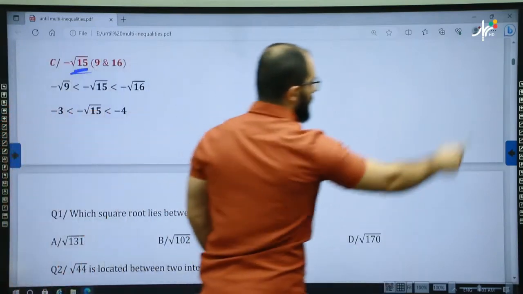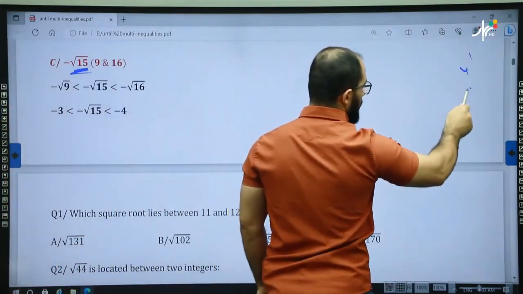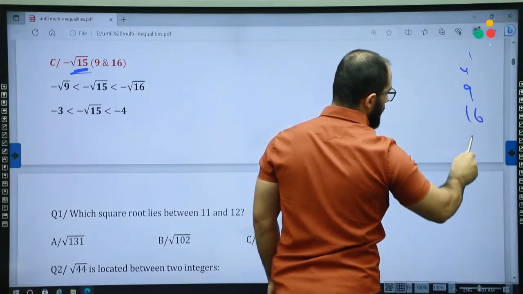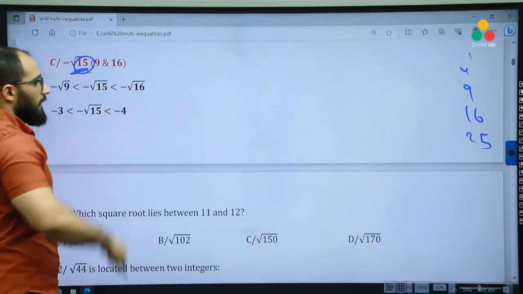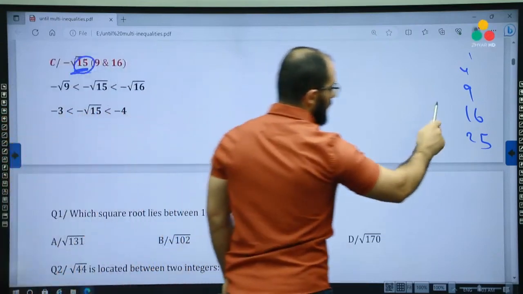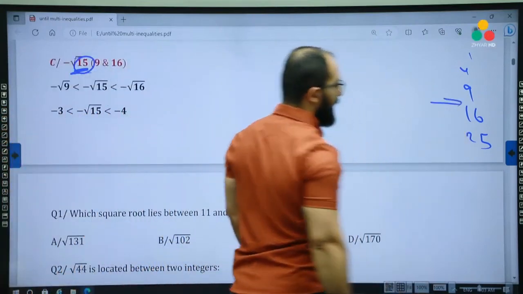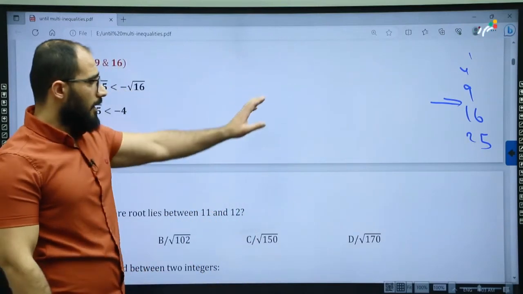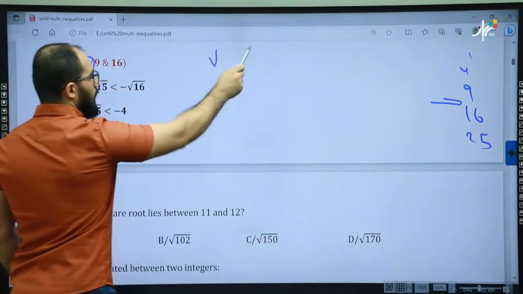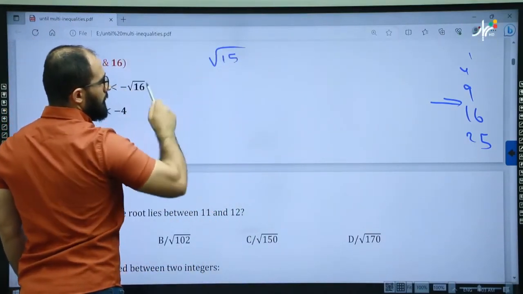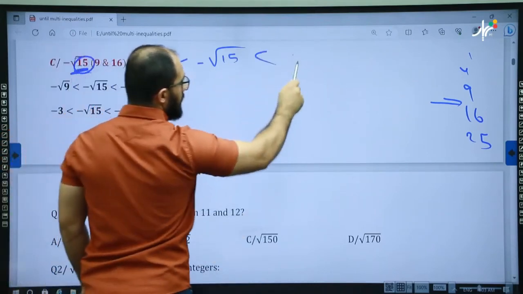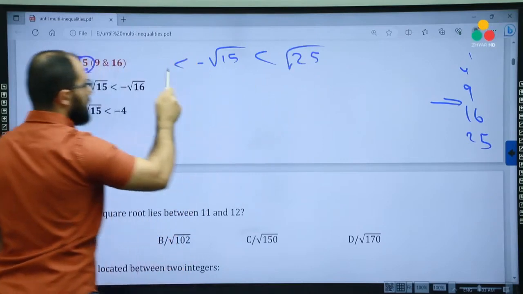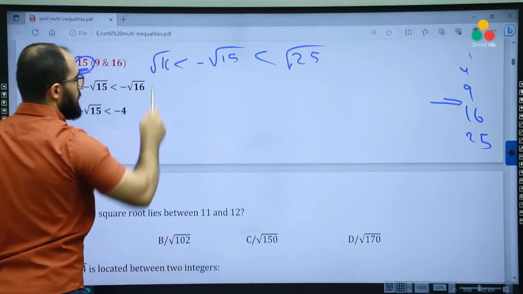So we have 1, 4, 9, 16, 25. Then 15 is located between 9 and 16. The negative square root of 15, write down the negative, it is located between 16 and 25.